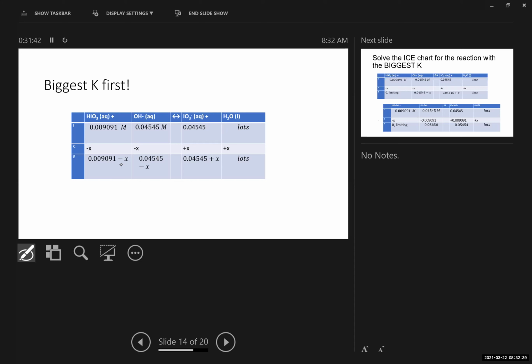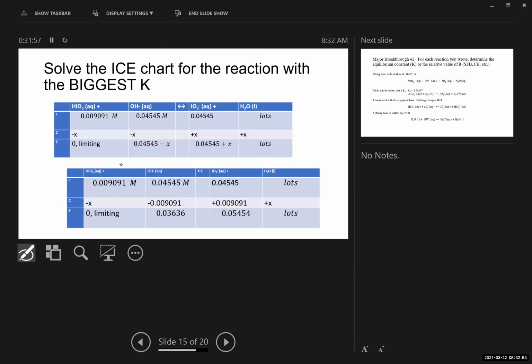Could we be more specific which one? Yeah, the HIO3, since there's less of it, has to be the limiting reagent, right? Which actually allows me to solve the whole ice chart.